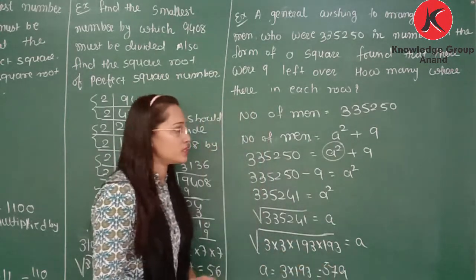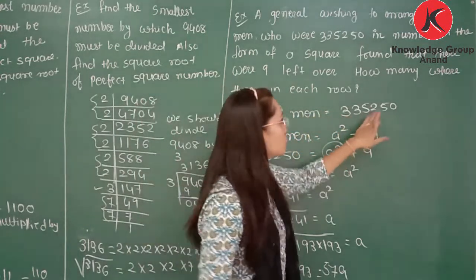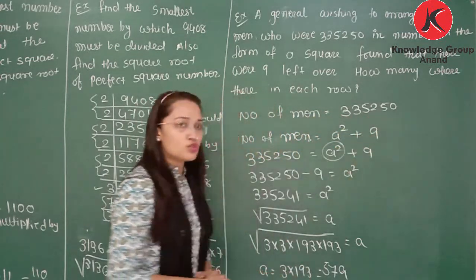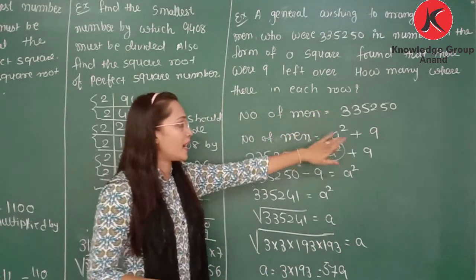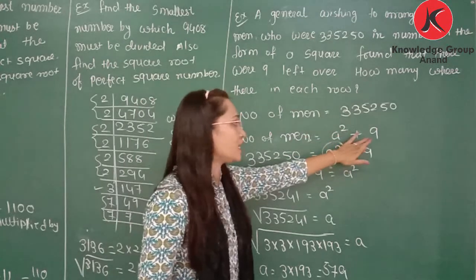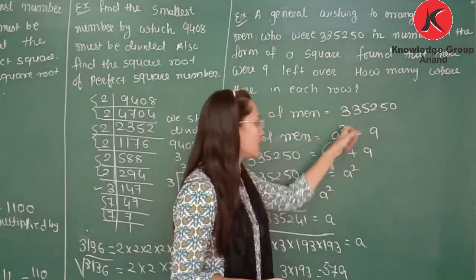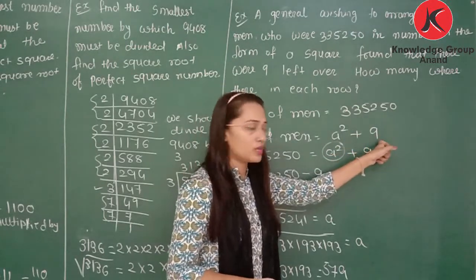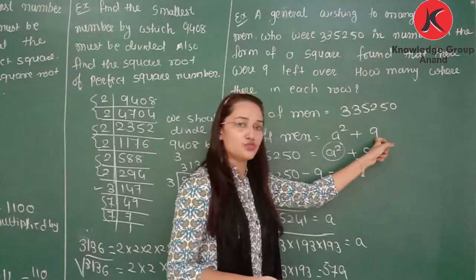How can we solve this? Here the number of men is 3,35,250. From this, some men are arranged in a square and still 9 are left over. So 3,35,250 is a square plus 9. Some number of men are arranged in a square and 9 are left out.